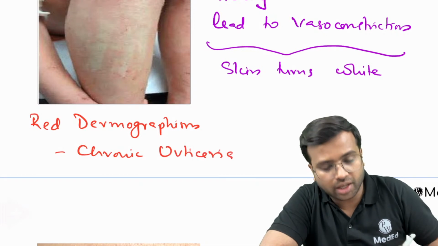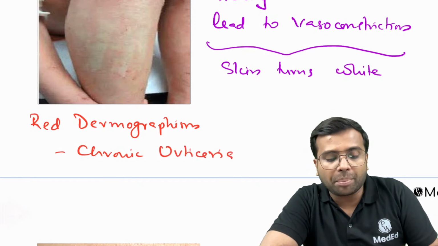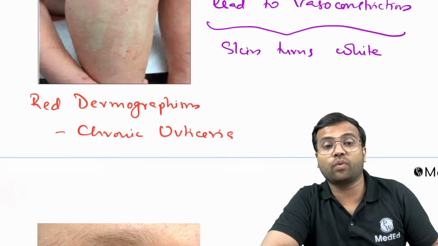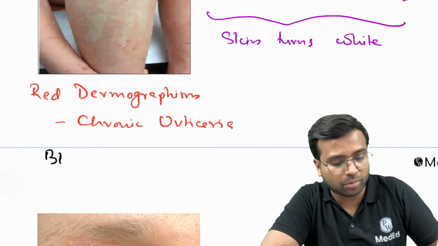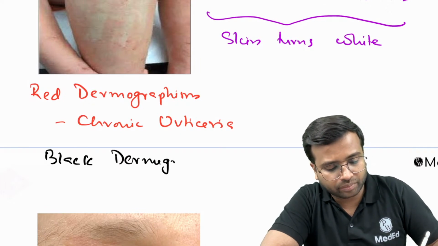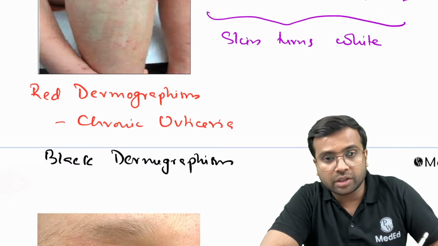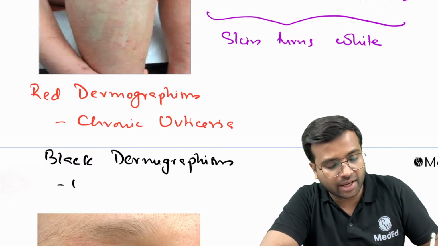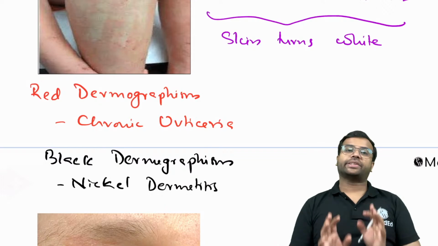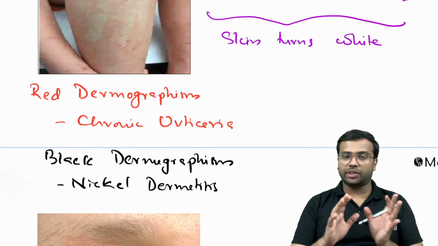For the purpose of MCQs, in case they ask you in the NEET PG where you find black dermographism, this can be seen in nickel dermatitis.